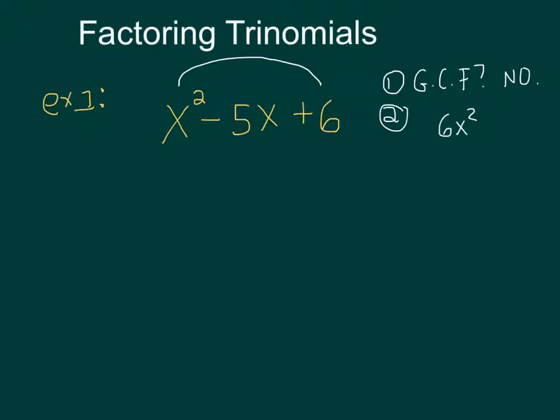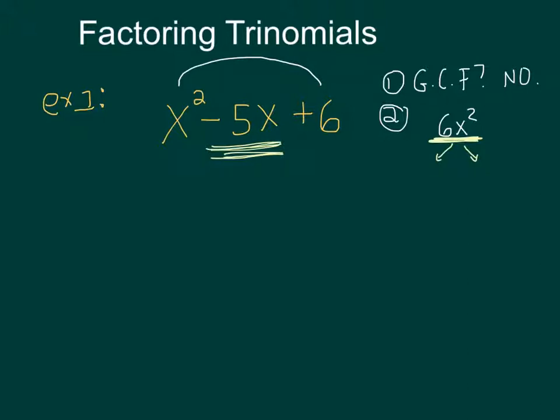Now I'm going to figure out the factors of 6x squared that add up to be negative 5x. So right away I know that I need to have two negative factors, right? Because I want to multiply to be a positive number, but add to be a negative number. So I need to come up with some negative factors.